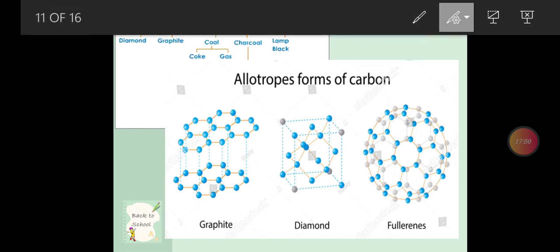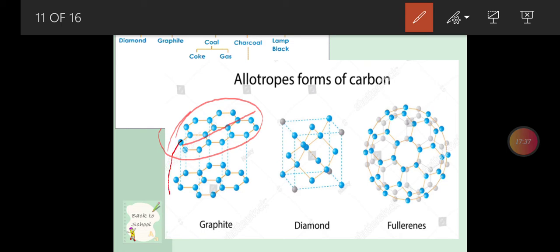So, allotropes of carbon, see the arrangement of atoms. We discuss the arrangement of atoms in graphite first. Graphite actually shows a hexagonal arrangement. In graphite, carbon atoms are arranged in layered forms, and you can see the hexagonal arrays there. You can count 1, 2, 3, 4, 5, 6 carbon atoms in a hexagonal ring, and these hexagonal layers are held by weak forces of attraction.